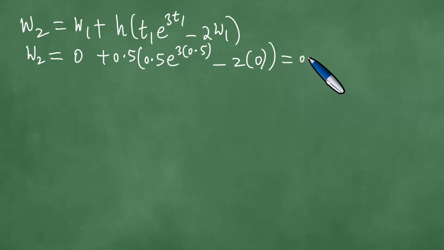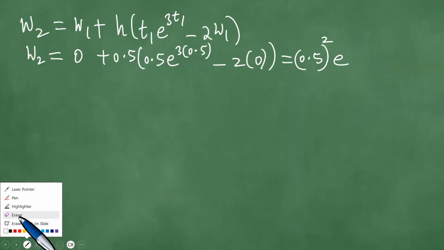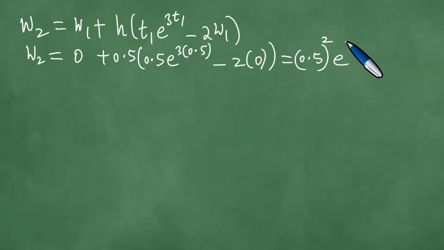So if you have 0.5 times 0.5, this one is squared, times e to the 3 times 0.5. Let's leave it like that and do this on a calculator.